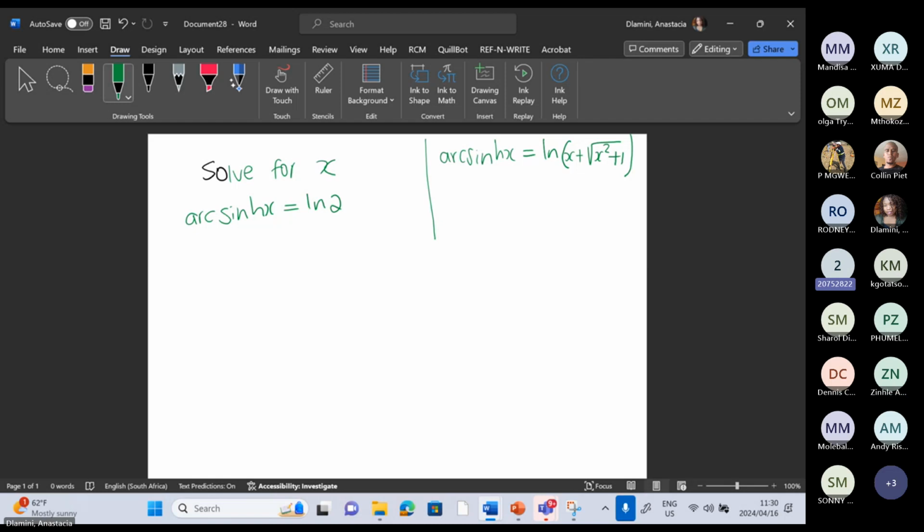Once I substitute the arc sine of x with that term, the expression carries the ln, so all functions carry the ln of something, whereby I am able to cancel out the ln and solve for x.